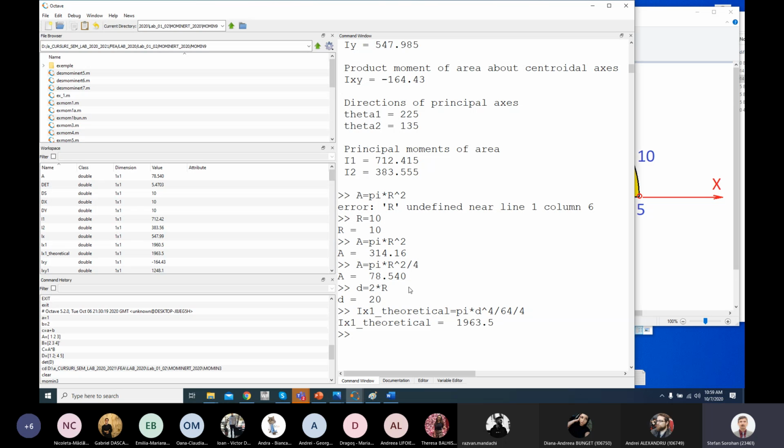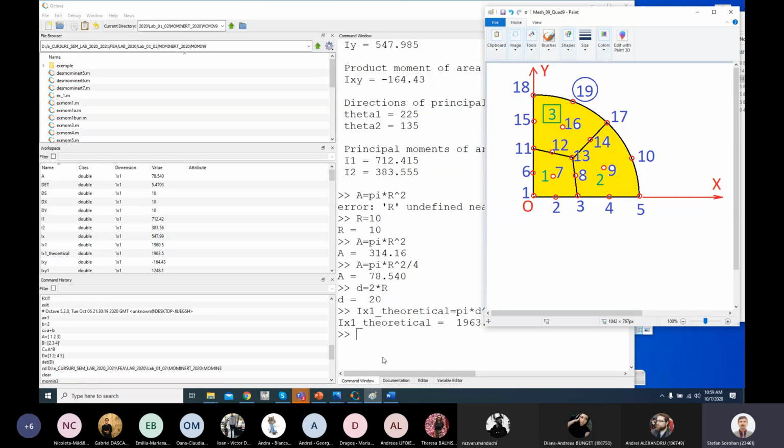Usually for the lab we have no breaks, but if necessary we can take one, but in my opinion no. So now the first question is, do you have Octave on your computers? Yes. Okay. You have all these MOMINERT codes.